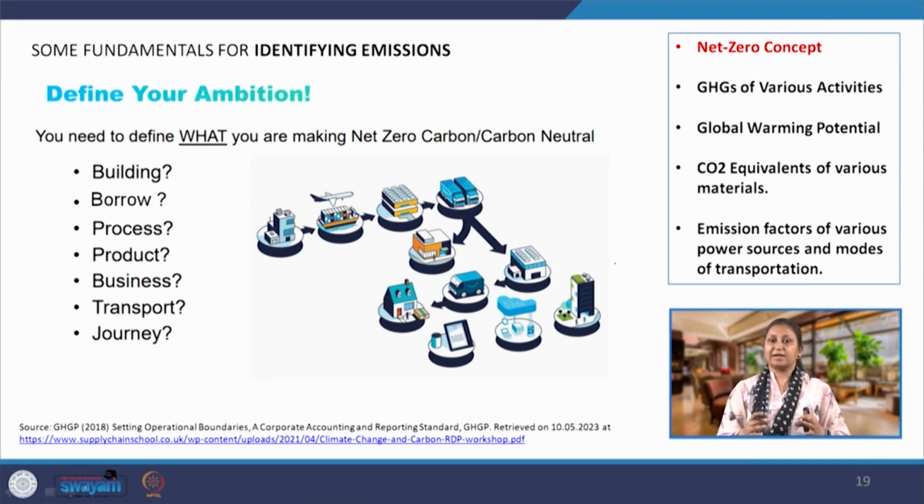So, we can also identify smaller boundaries within the operational or organizational boundary. For a parent company owning some 50 odd different subsidiary companies, we can define that in the first go we are making this particular company X a net zero company, and then go ahead with that.